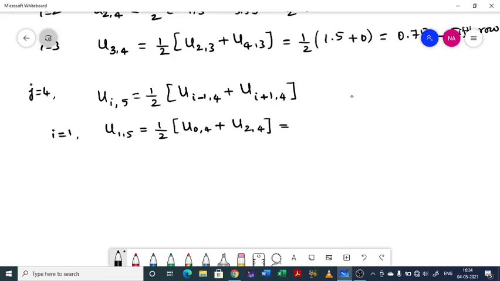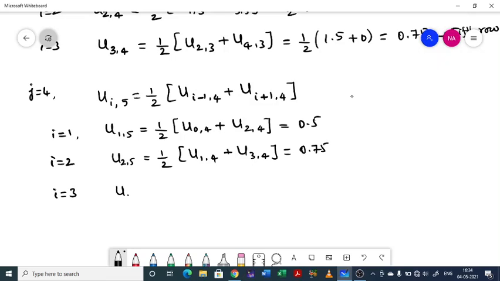So it will be 1/2 times (0 plus 1), so 0.5. Taking i equal to 2, u(2,5) equals 1/2 times (u(1,4) plus u(3,4)), equal to 1/2 times (0.75 plus 0.75), it will be 0.75. i equal to 3, u(3,5) equal to 1/2 times (u(2,4) plus u(4,4)), 1/2 times (1 plus 0), it will be 0.5. So this completes the last row.